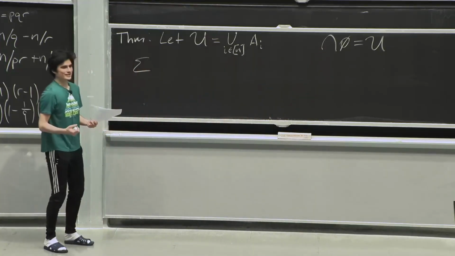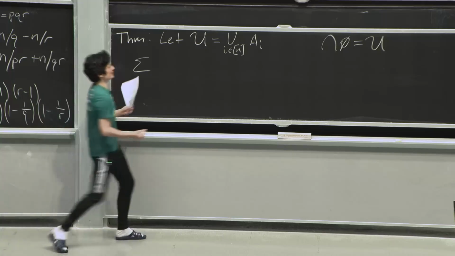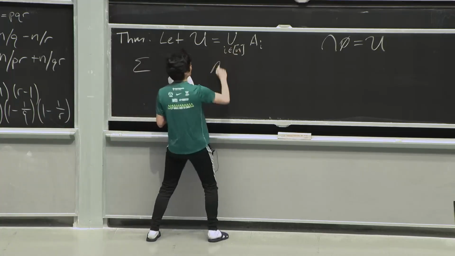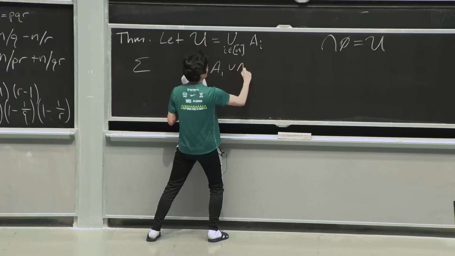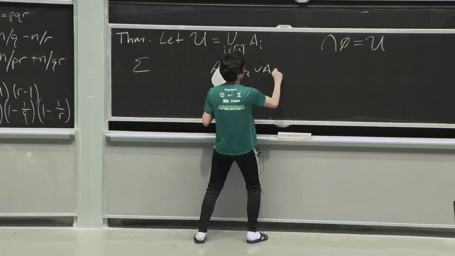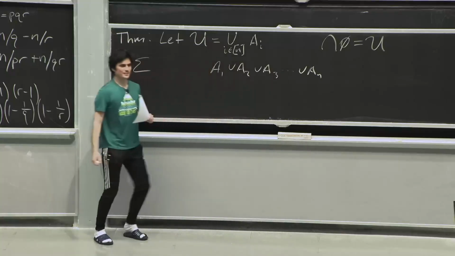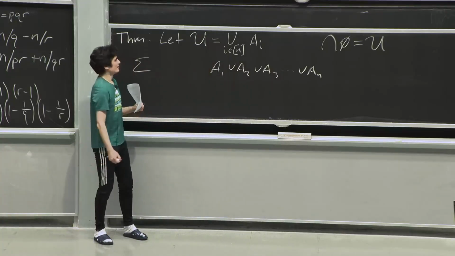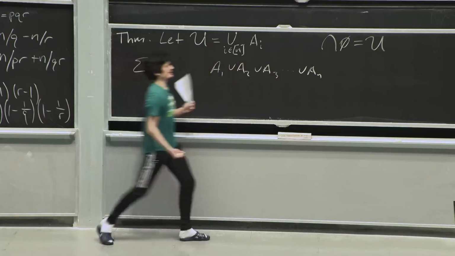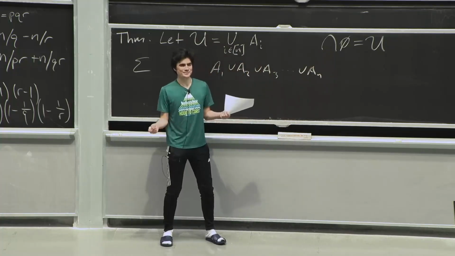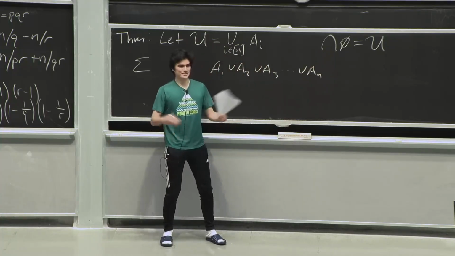So this is saying we've got a union of n sets, like A1 union A2 union A3 union A sub n. And this is saying we've got an intersection of n sets, but n is 0. So by convention, we just take that to be the entire universe.